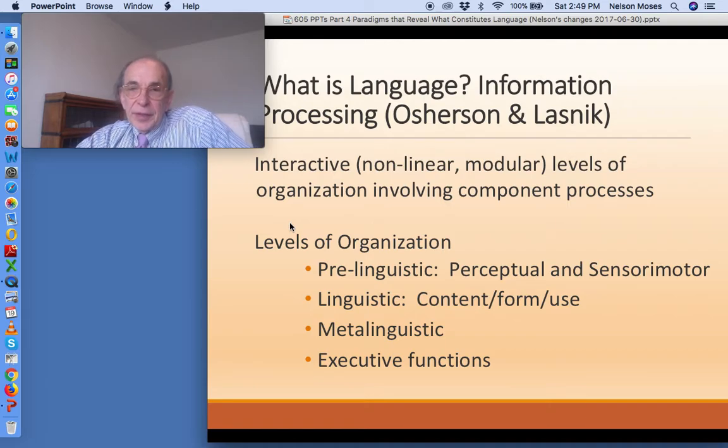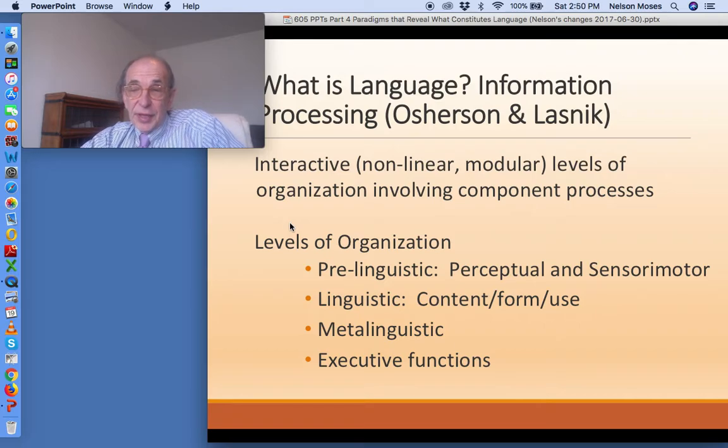You're not, again, aware when you speak, typically, of the sounds you're producing, the reasons you're talking. You're not thinking about these things. You're thinking about the ideas. So the integration of content, form, use without thinking about talking is the linguistic level of organization.